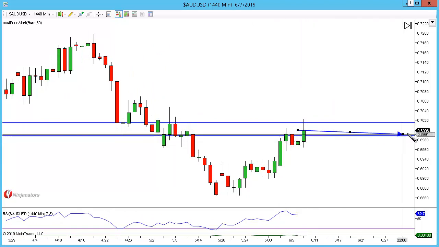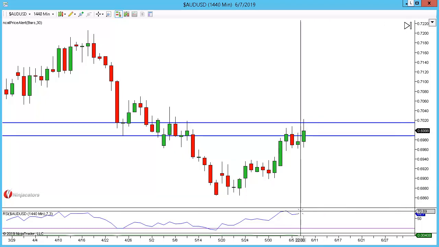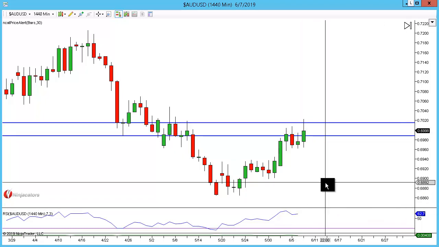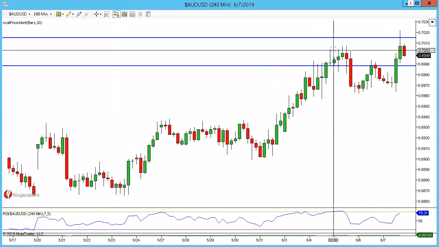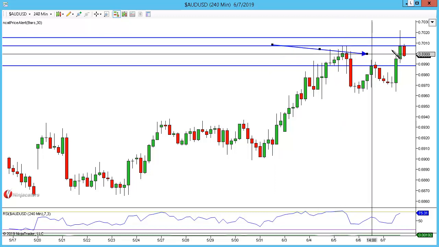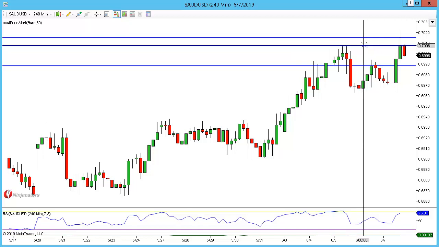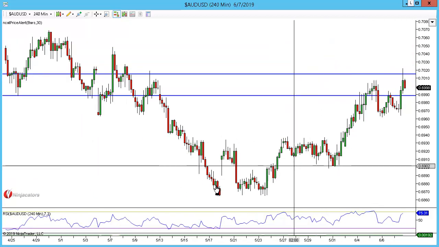Pay attention to the fact that we are at a psychological number, though we have not had any RSI confirmation. Let's go down to the 240. Here on the 240 we have technically held this structure level just here. We have not violated it, so right now this is a hold. Well, let's take a look at the bigger picture.